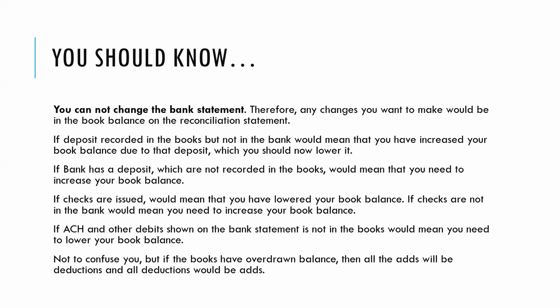So think of it this way: suppose you have an overdrawn balance in the books of $200,000, and that $200,000 came up after depositing that $20,000 check. Now, if that deposit has not come into the bank yet, which means you need to increase your book balance because it's overdrawn balance, that balance will be increased. More balance will be due, right, rather than the lower one.